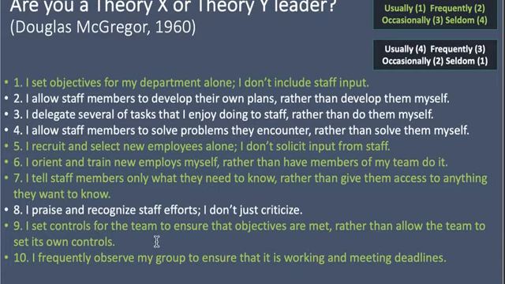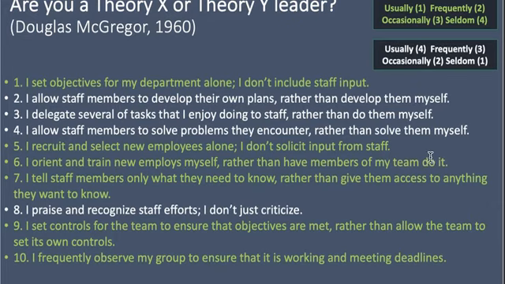You can spend a little time looking at these 10 questions. For all the questions in green, if you usually have this kind of behavior, you mark it 1. If you seldom have that behavior, you mark it 4. For all the questions in white, if you usually have that behavior, you mark it 4. If you seldom have that behavior, you mark it 1.